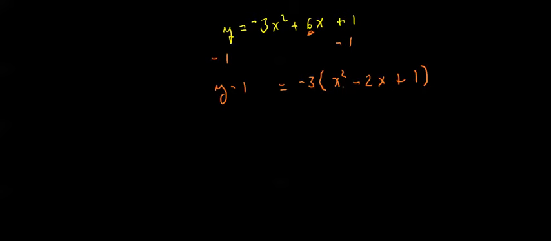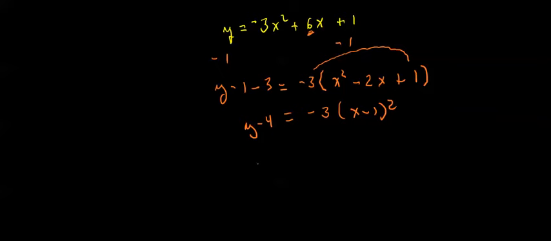And what did I add to this side? Negative 3 times 1 is negative 3. I added a negative 3. Now I have negative 3 times x minus 1 squared equals y minus 4.